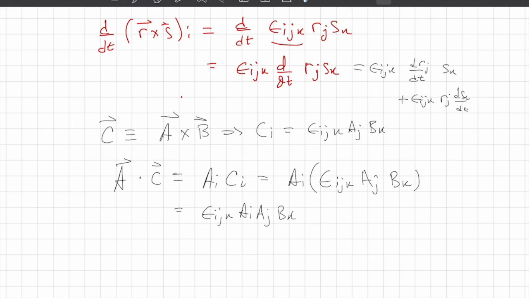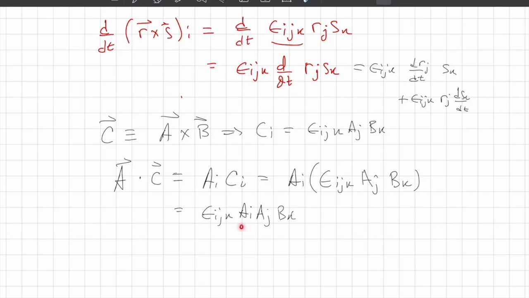Now, why am I able to swap the order of A and epsilon? Kieran, you should know this one. Why can I swap those orders? They're all commuting numbers. Right. So now let me ask you this question.